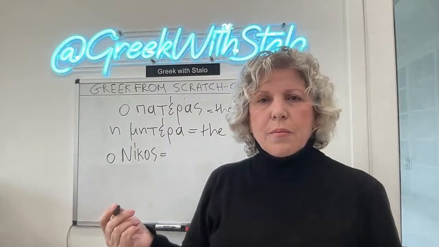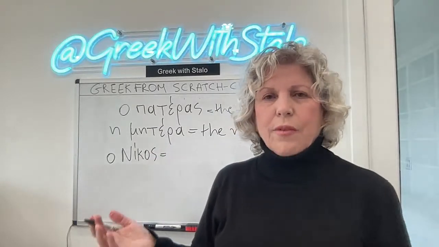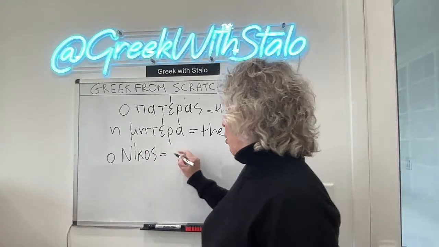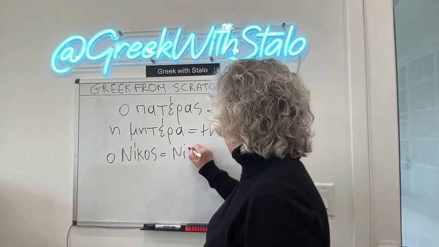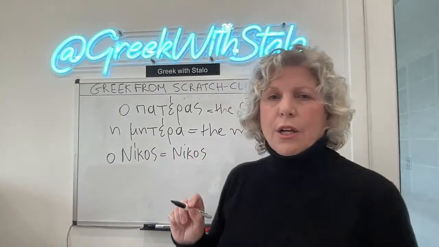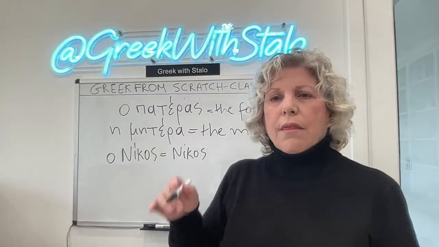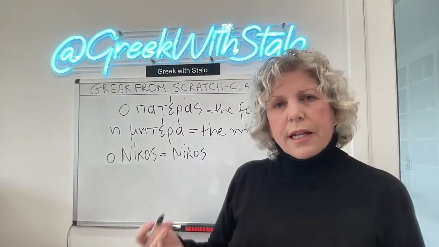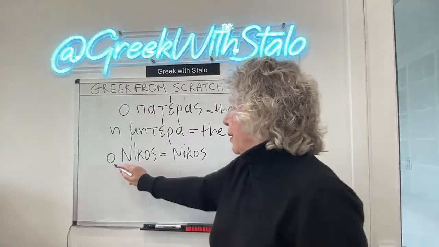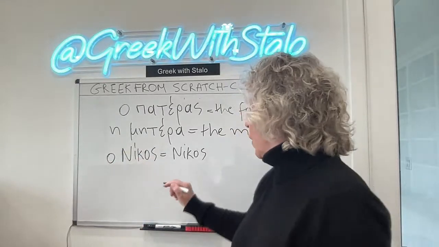Nikos is the name of a man. So, ο Nikos, in English, we would just say Nikos. We wouldn't say the Nikos. But in Greek, you have to use the definite article.